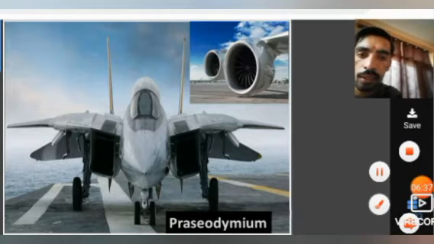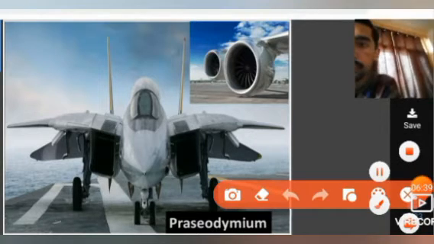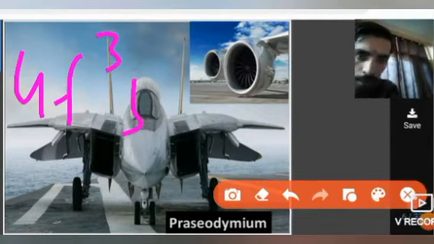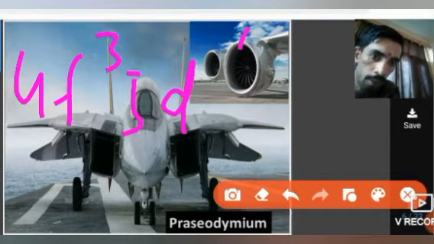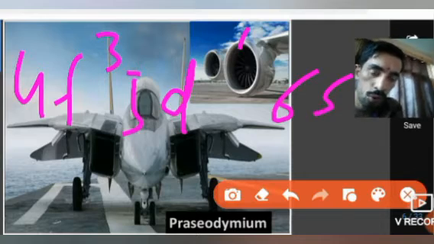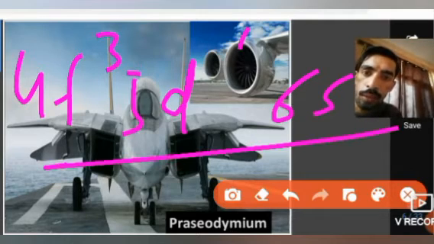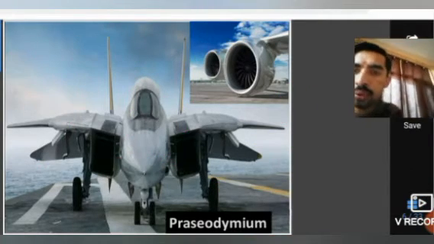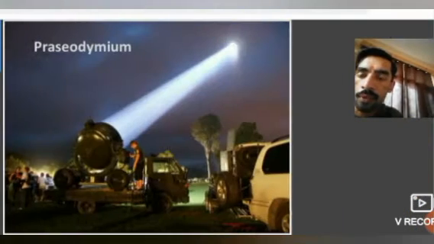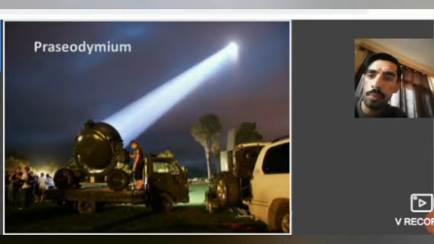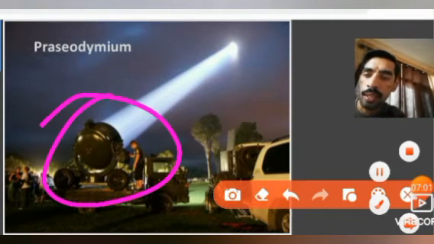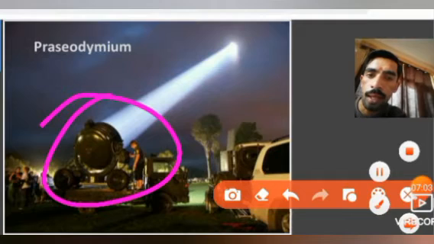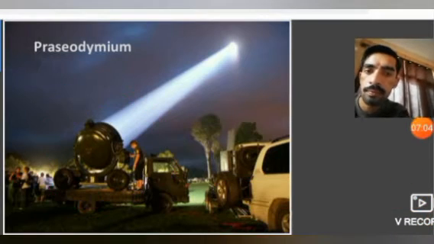The configuration of praseodymium is 4f3 5d1 6s2. Okay, so like this way. It is used in aircraft, the fighter jet. Praseodymium is used in satellites, that you can say telescopes.